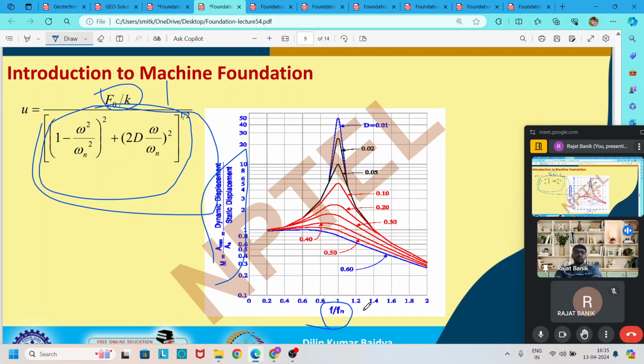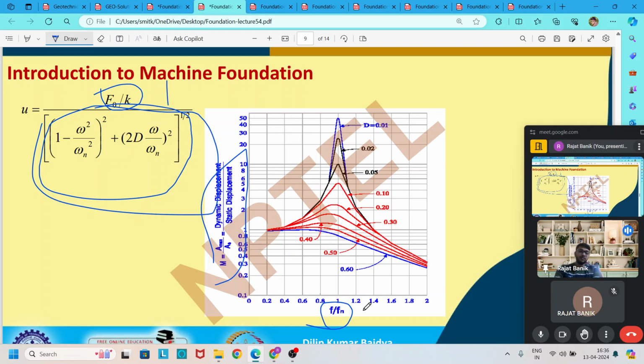If the damping ratio is less, then the amplitude is more. If we say that the damping is 0, then this amplitude will become infinity. This is what we call resonance.